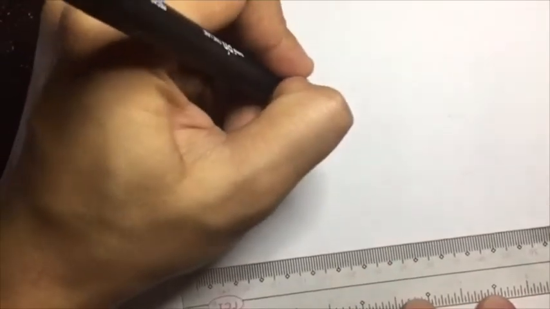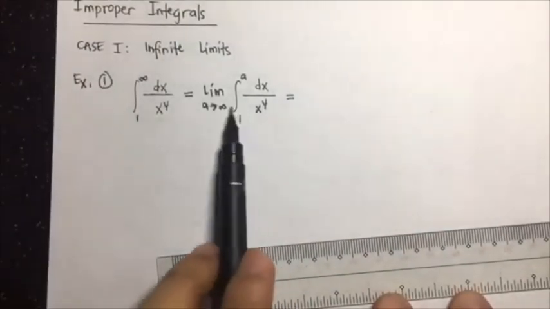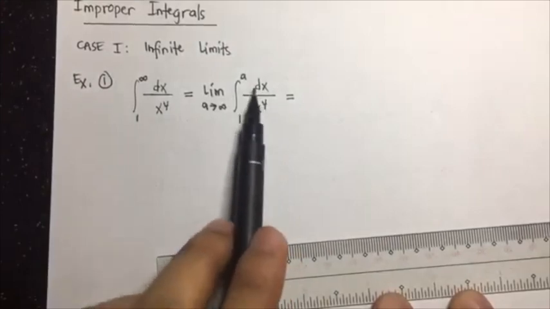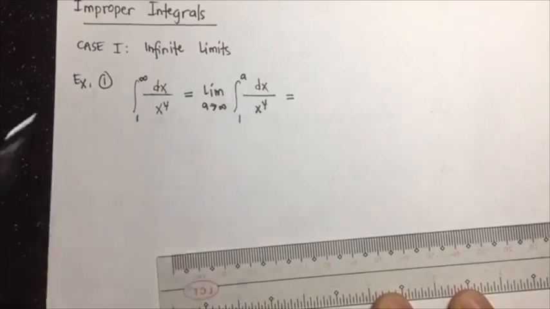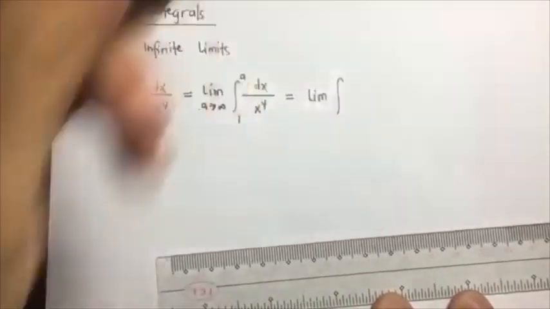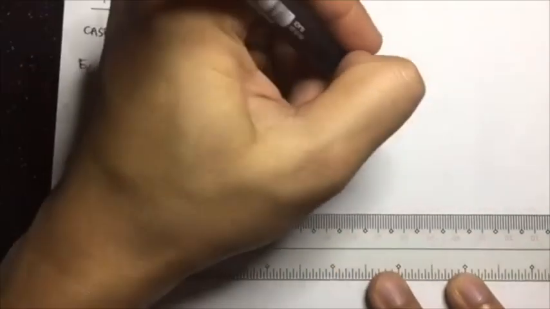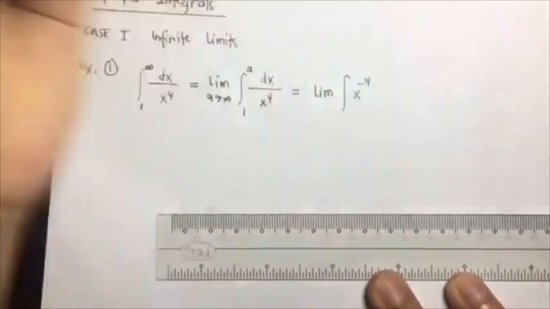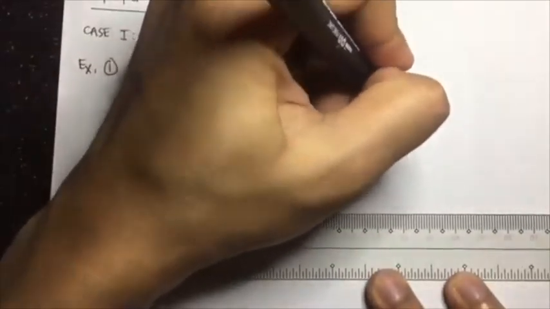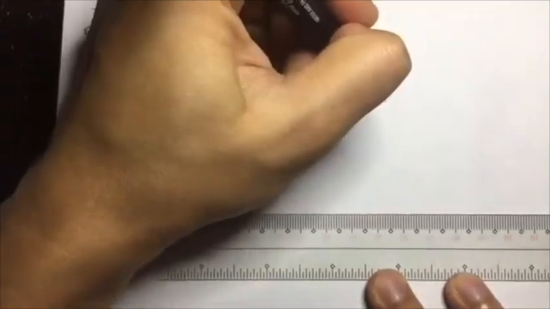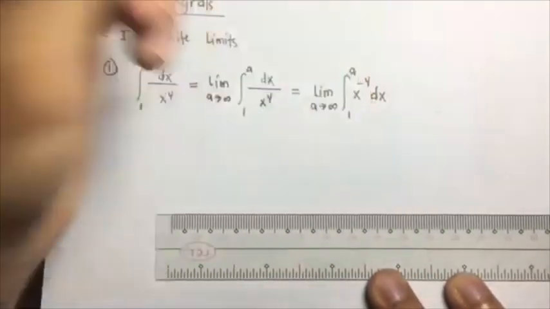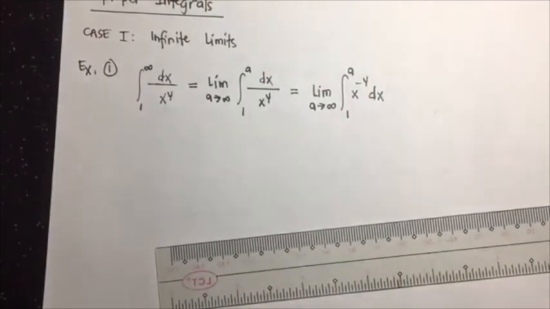This is the power formula. We move x to the power of 4 to the numerator, so it becomes the limit of the integral of x raised to the negative 4 dx from 1 to a as a approaches infinity.